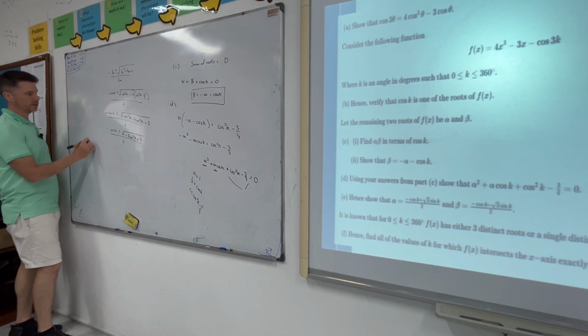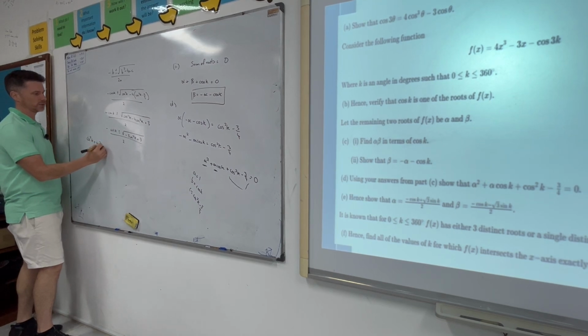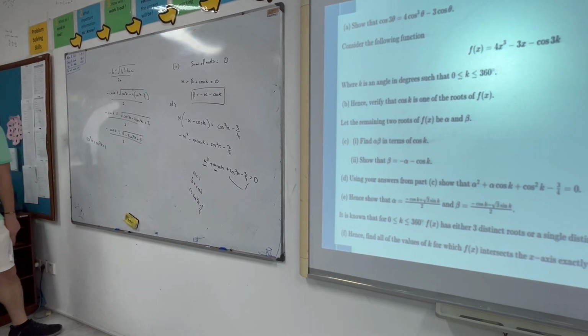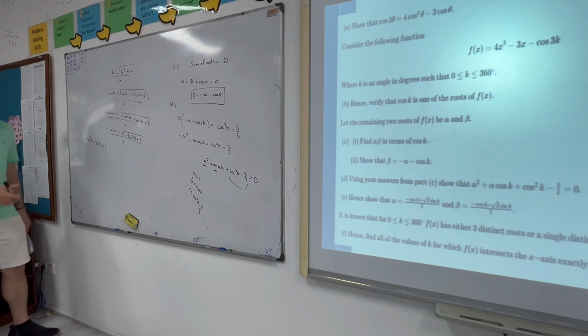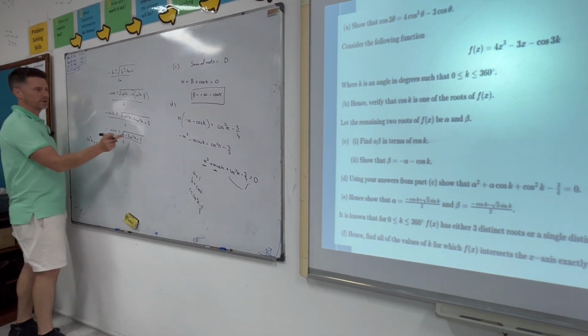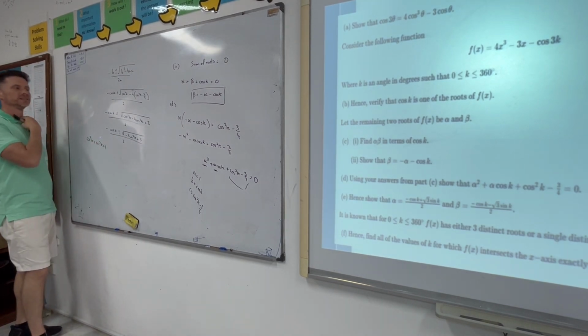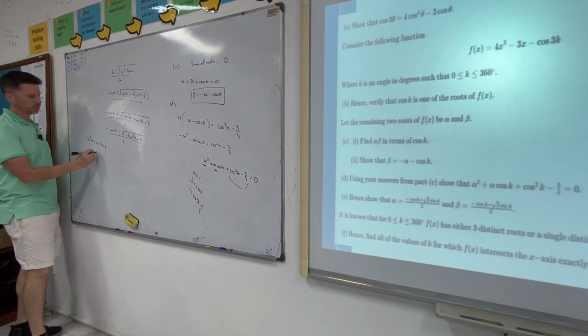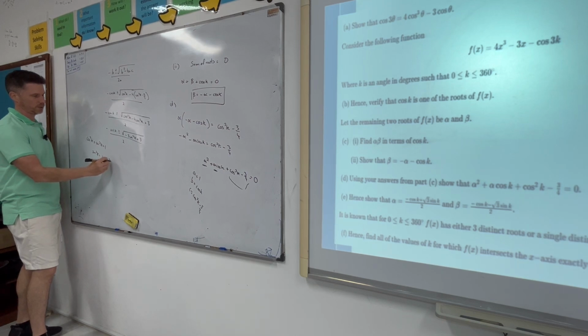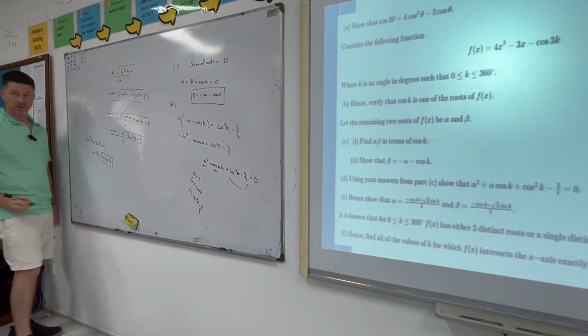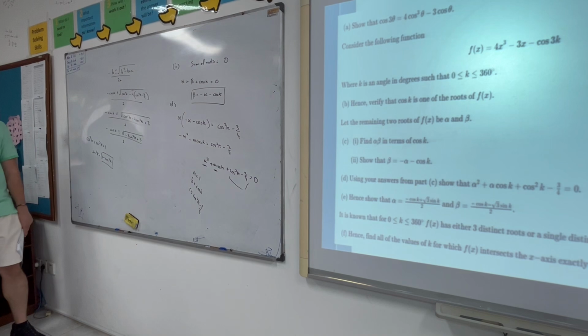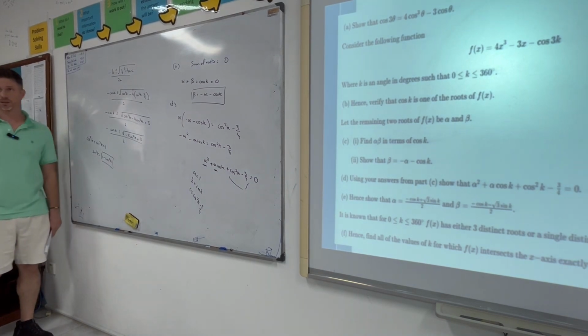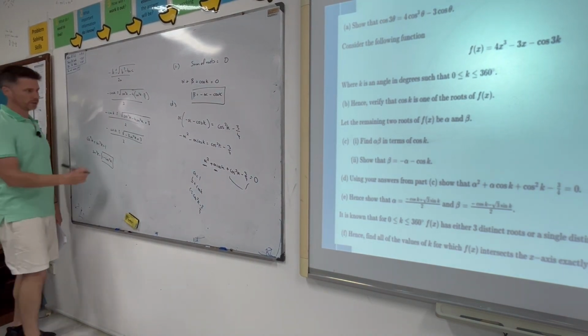Cosine squared k plus sine squared k is equal to 1, the Pythagorean identity. So if I want to write something instead of cosine k, I want sine in there. So sine squared k is equal to 1 take away this. Well, if I had this written somewhere, that'd be nice, because then I could just say that was sine squared k.